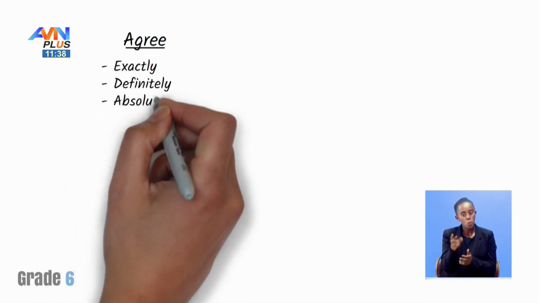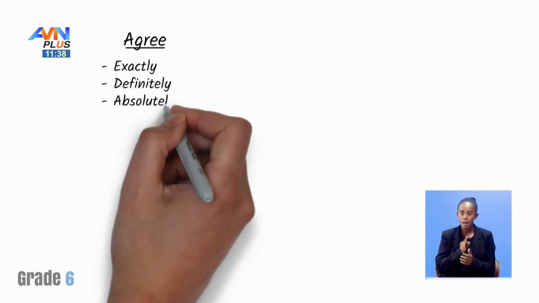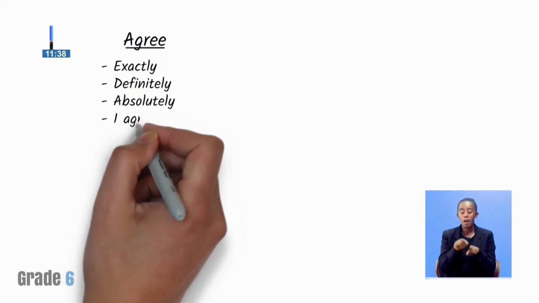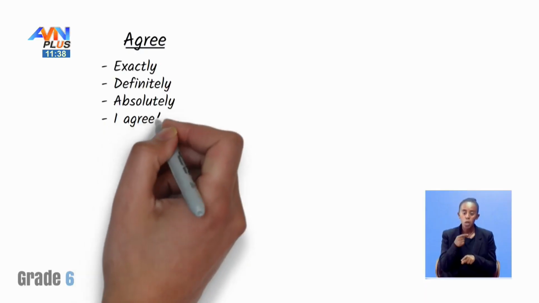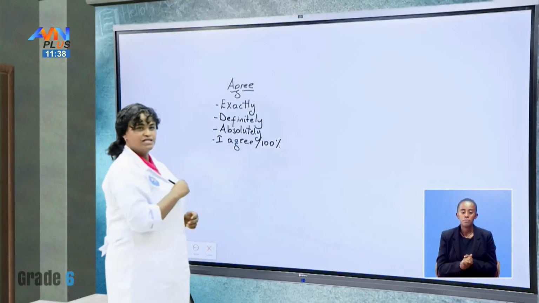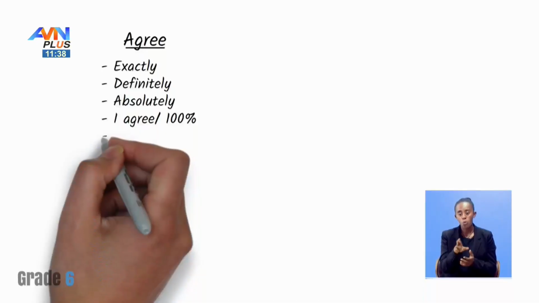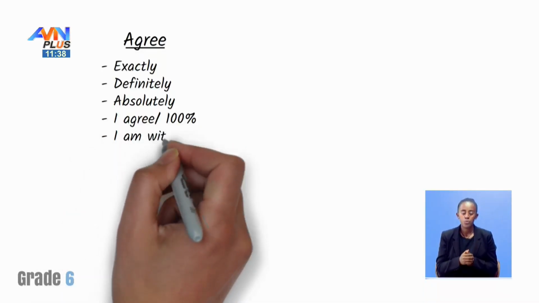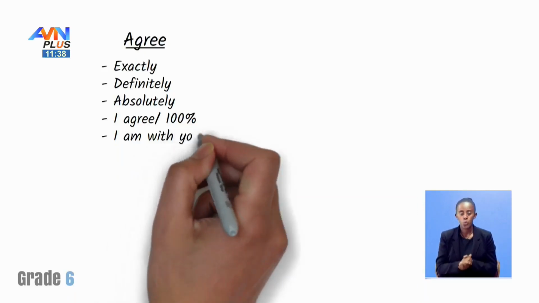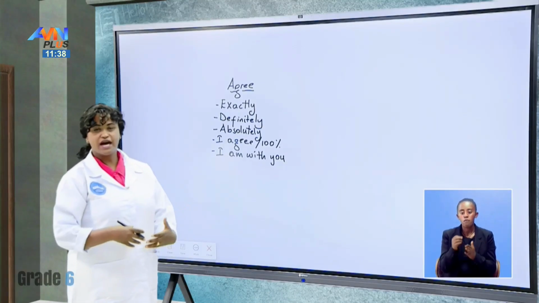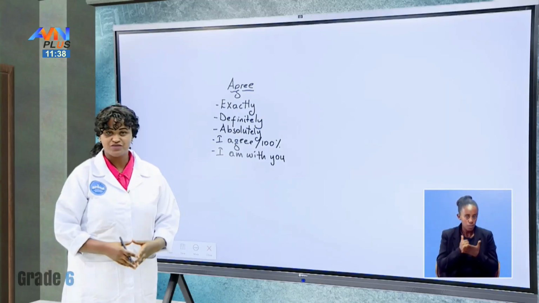Or you say what? I agree. I agree 100%. Or I am with you. These are some of the common phrases that can help us to express our agreement, right?